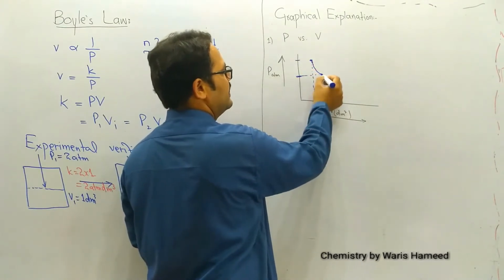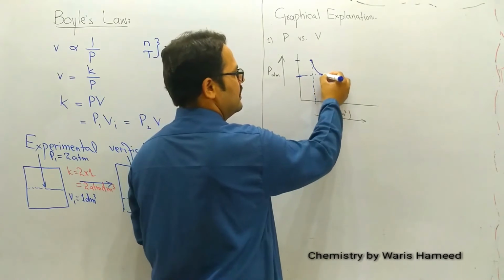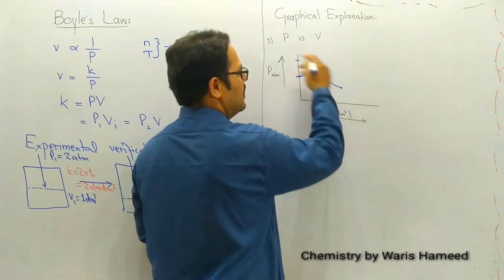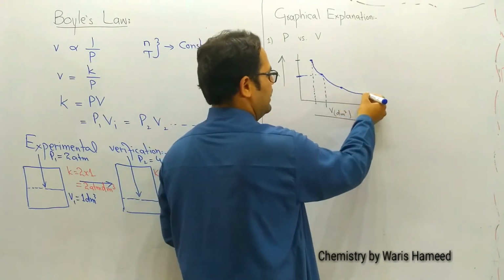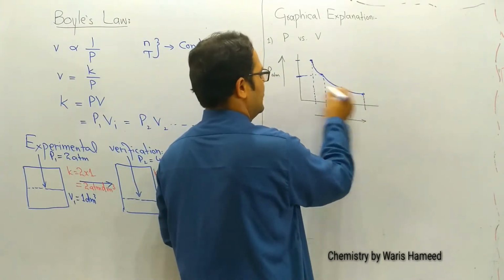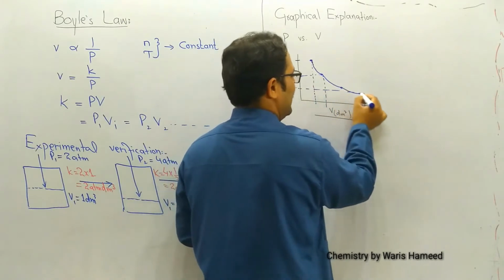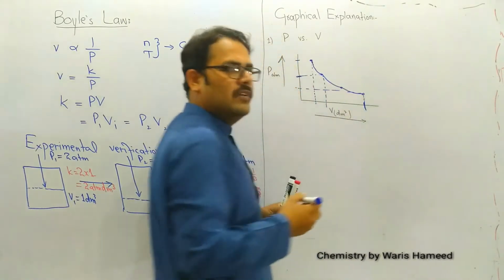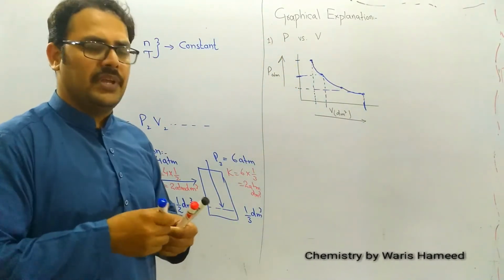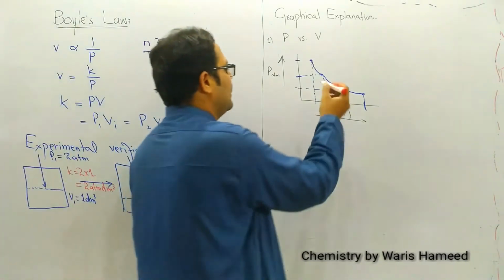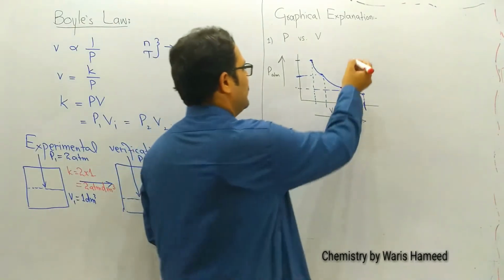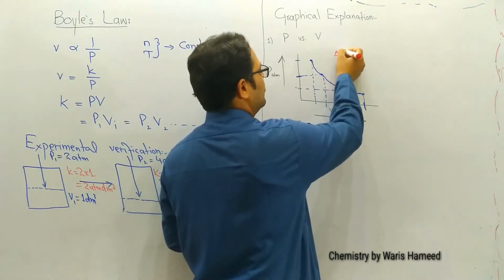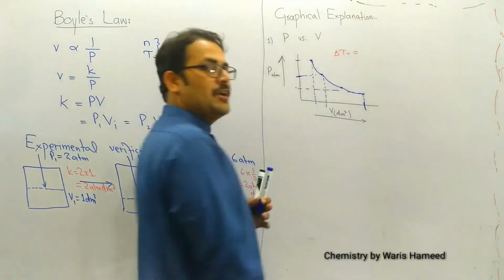Pressure is going to decrease and volume is going to increase, and by the passage of time, when we decrease the pressure, the volume of the system will increase. At lower pressure, volume will have its maximum value. And all these states are found at the same temperature, or no change in temperature.